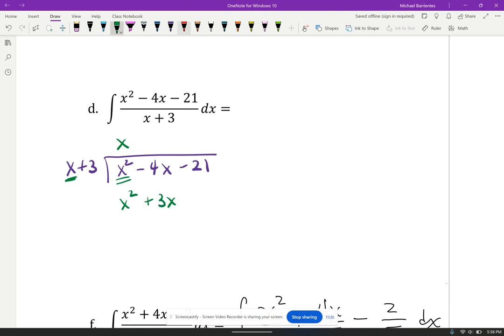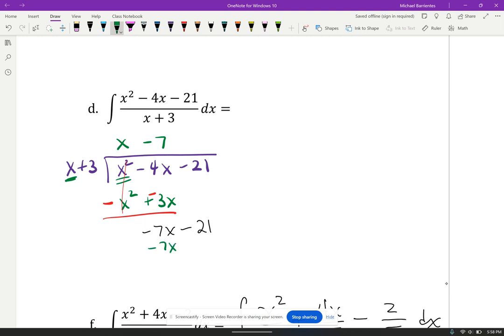And then I'm supposed to subtract. Well, that's going to cancel this. And in here, that's going to leave me with negative 7x. And then this drops and gives me minus 21. And then I start the process again. What times x would give me negative 7x? Well, that would be negative 7. Negative 7 times x would give me negative 7x.